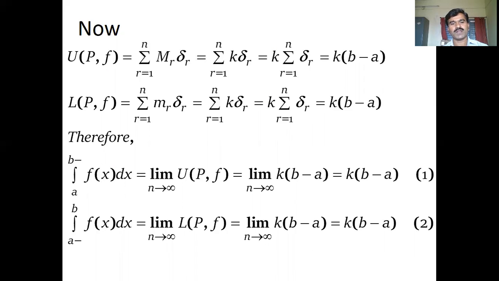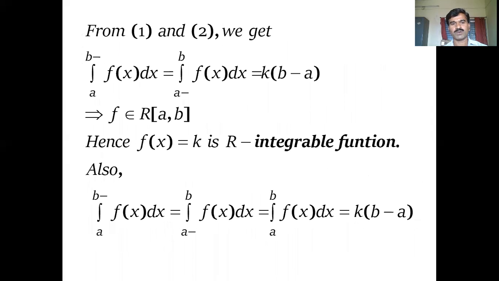Then we substitute these in the upper integral and lower integral. As we know, the definition of the upper integral is the limit of the upper sums as n approaches infinity, and the lower integral is the same as we got for the upper integral. So obviously this constant function is always R integrable over [a, b], and the value of this integral is k(b minus a).